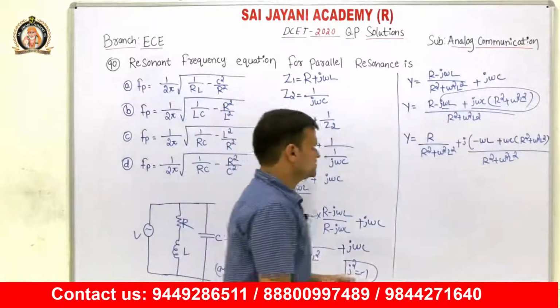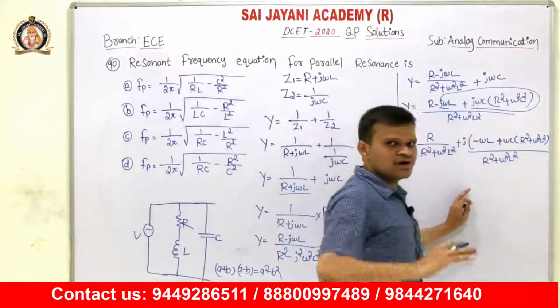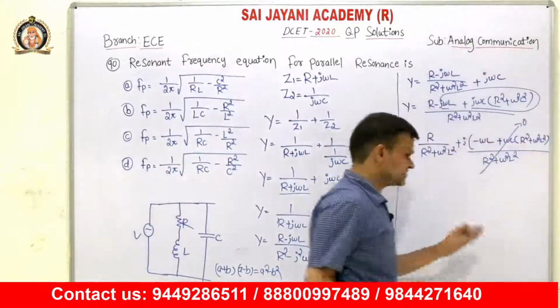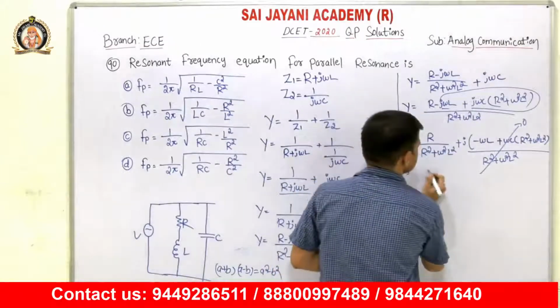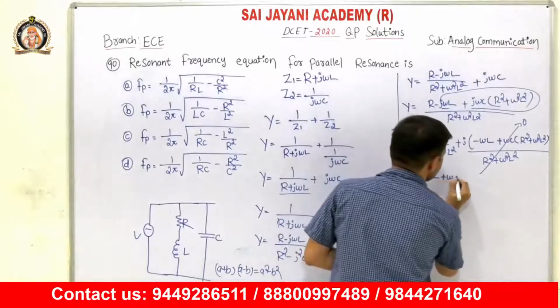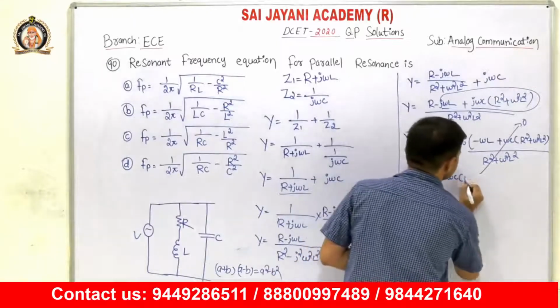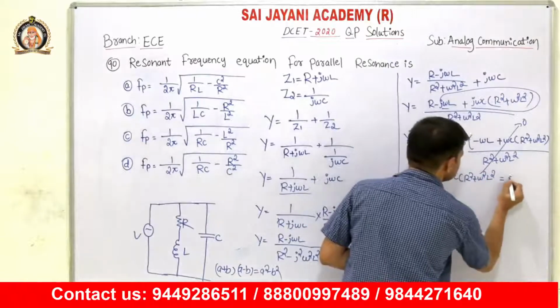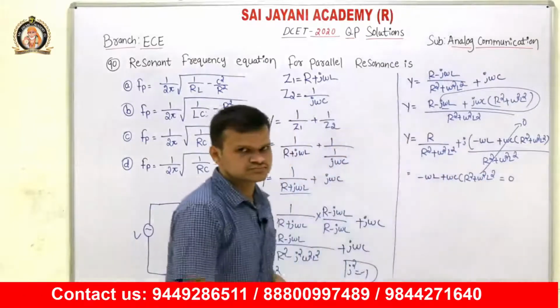For the resonance condition, the imaginary term always becomes 0. So this term becomes 0, so that it will become minus omega L plus omega C into R square plus omega square into L square is equal to 0.